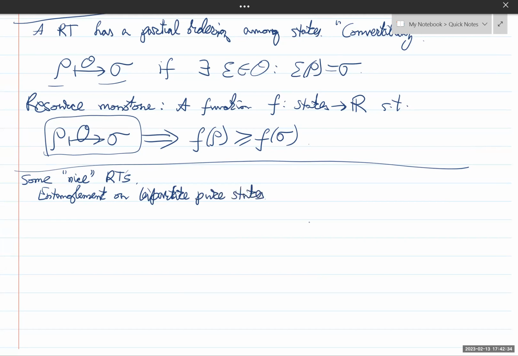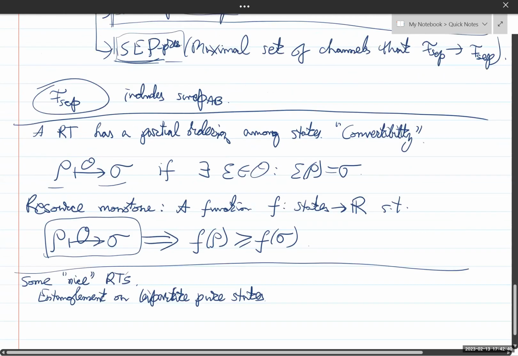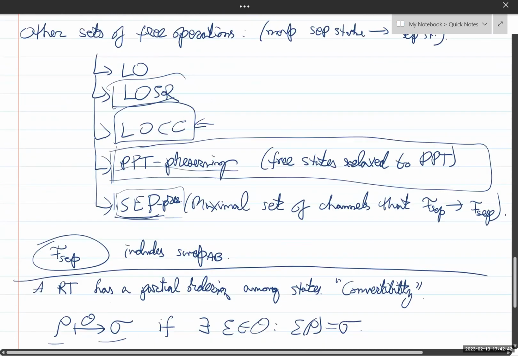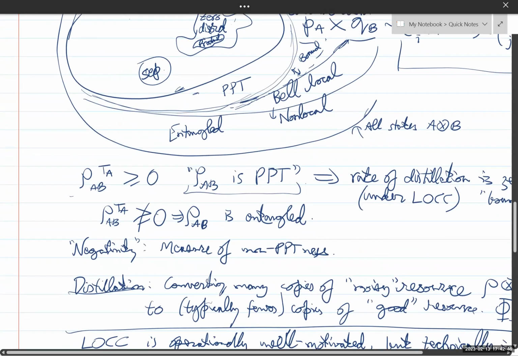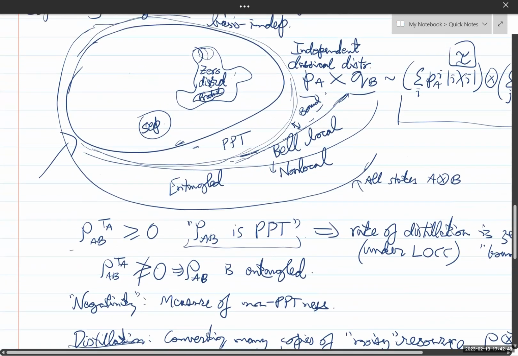So if you have just two parties, A and B, something I didn't mention here is that, of course, you can have all of the same stuff but with more than two parties, and it becomes more complicated.